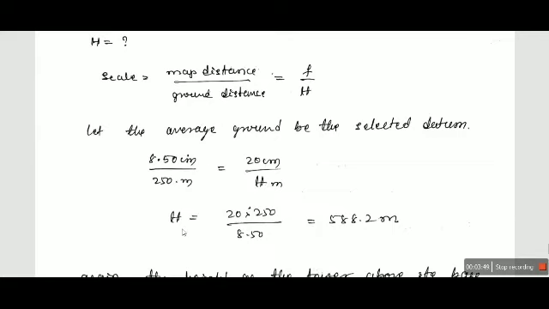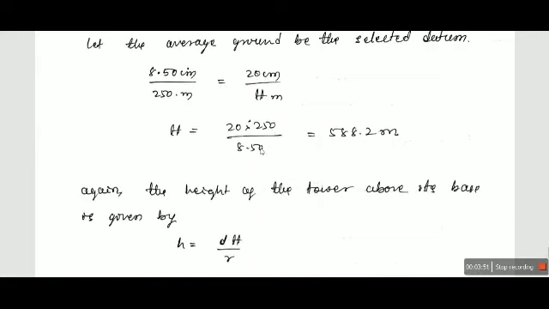Simplify: H is equal to 20 into 250 divided by 8.5, which gives 588.20 meters.